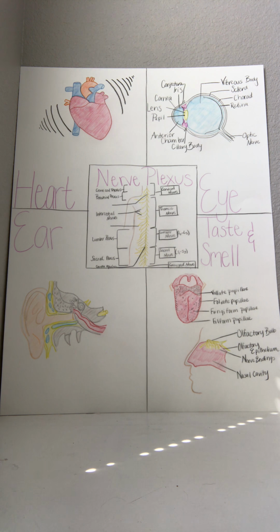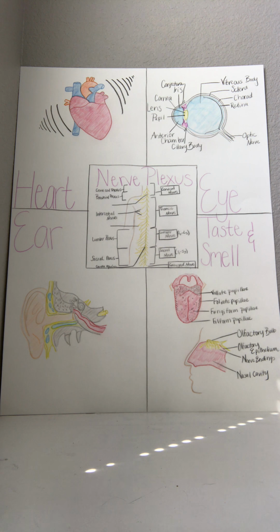Then the main nerve plexus and territory of innervation: there's the cervical plexus, the brachial plexus, the lumbar plexus, and the sacral plexus. So the cervical plexus is at the ventral rami of C1 through C5 and supplies the shoulder and neck. It innervates the diaphragm.